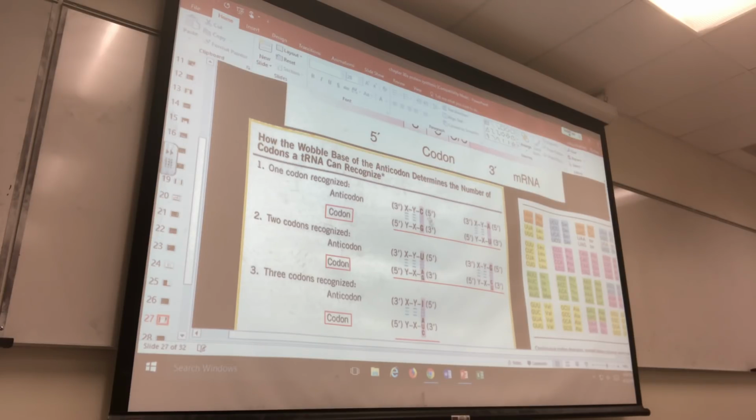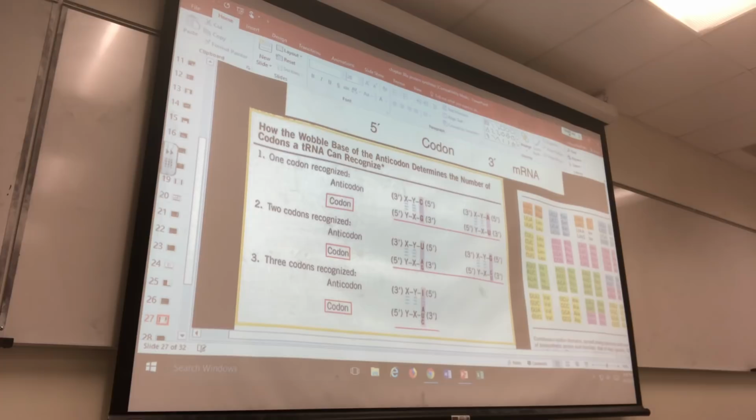Normally, we know that uracil is going to associate with adenosine, right? Normally A's bind with U's. But an example of non-canonical base pairing at the wobble position is that sometimes a uracil on the anticodon will bind to a guanosine on the codon, on the third position of the codon.